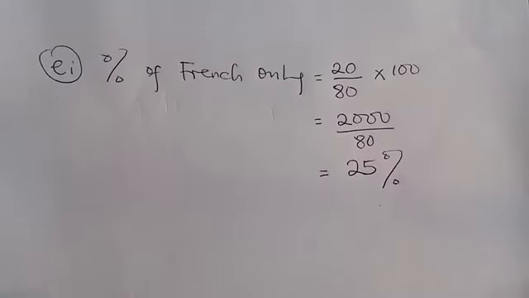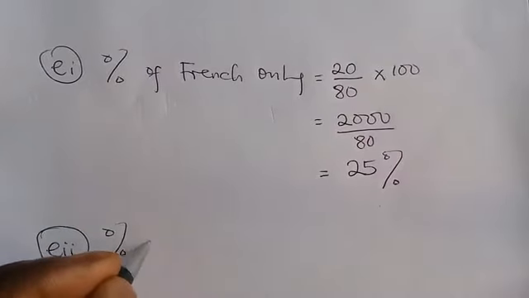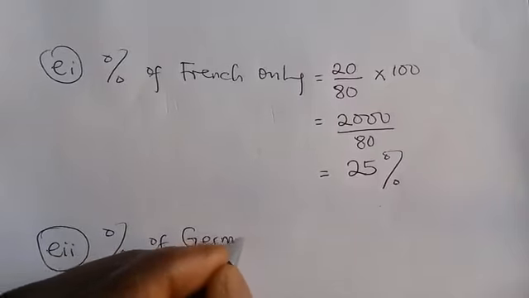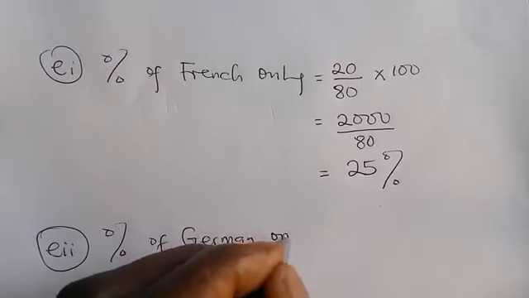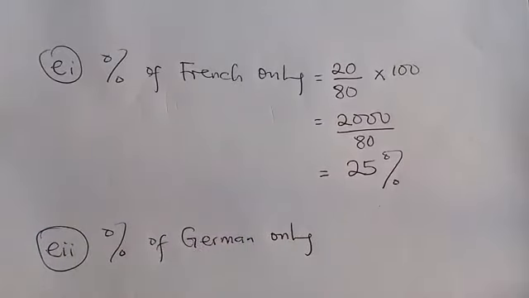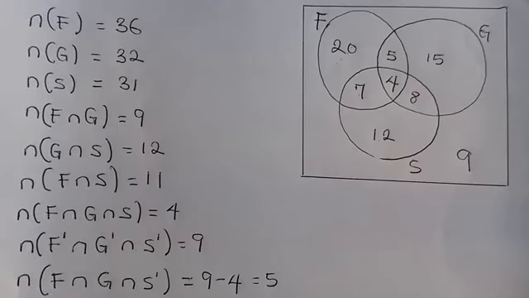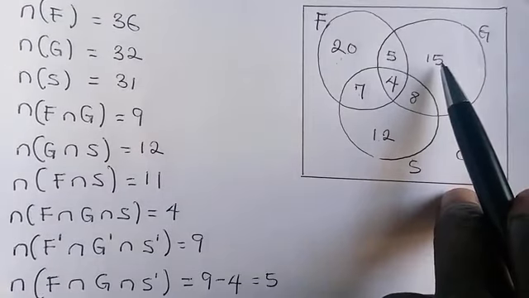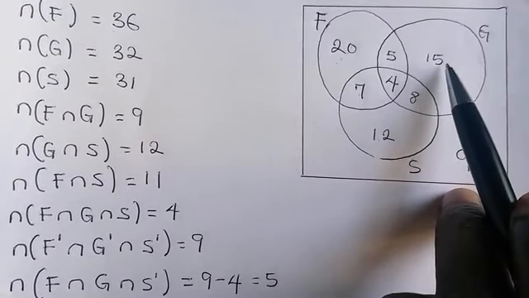Lastly, we are going to calculate the percentage of German only. Also, looking at the data in this Venn diagram, 15 boys offered only German.